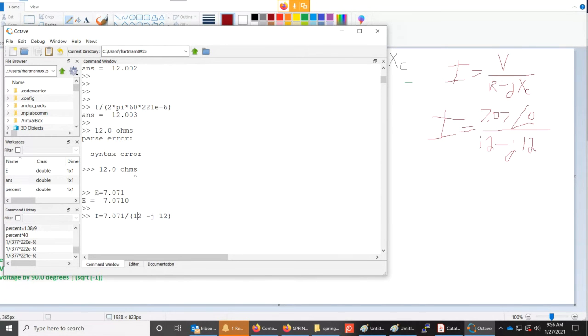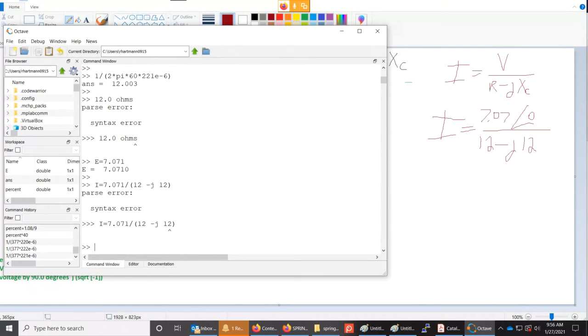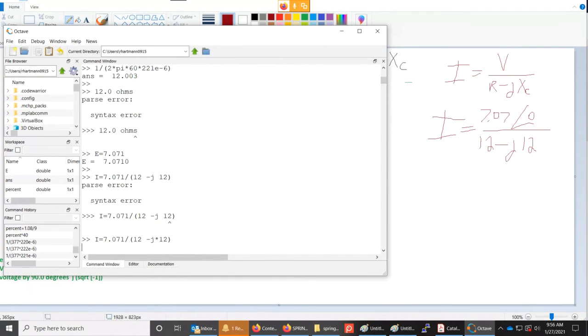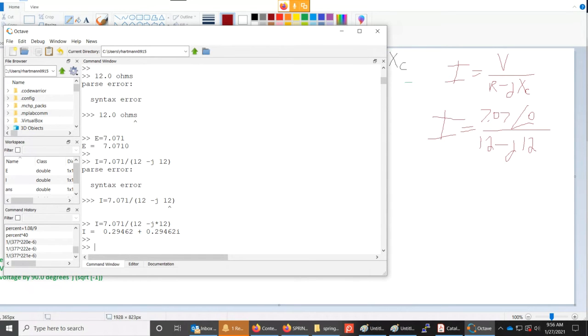But notice the parentheses. Here inside of Octave, I need to put a multiplication sign, so I put 12 minus j times 12, and I get my current. And there is my current, but notice the current is in rectangular form. So this is what we call rectangular form.